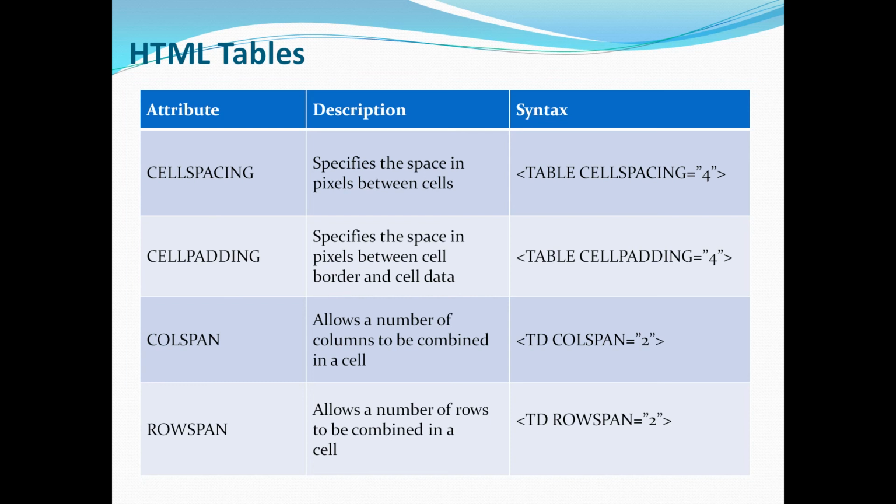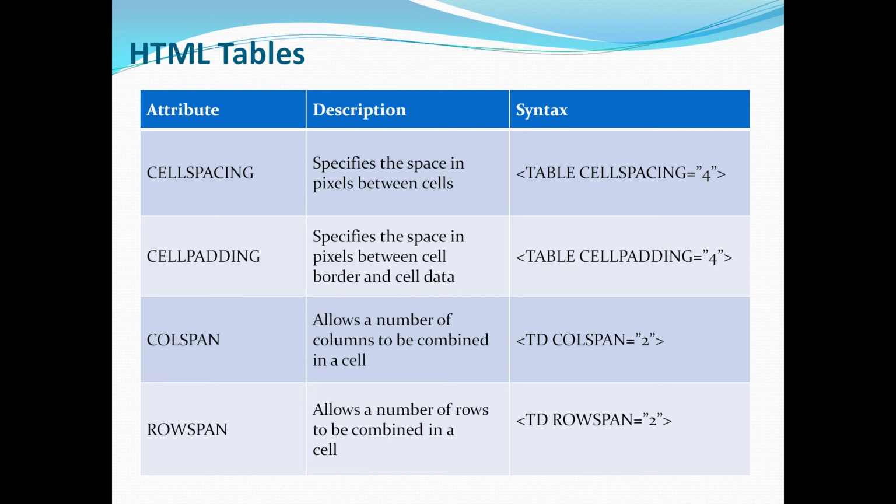The next one is cell padding. Cell padding specifies the space between the cell border and the cell data. Normally data is aligned to the left. If you want to give a certain space from the border to the data, then we can allocate that particular space using cell padding.